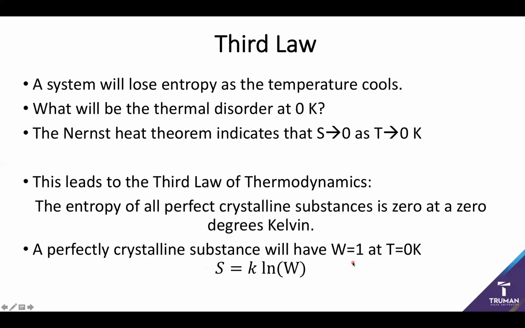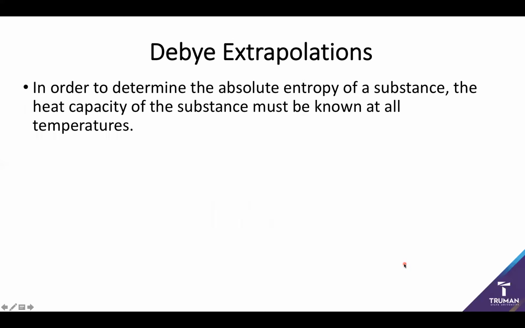But one of the other important things to make note of is the fact that it's kind of hard to remove all kinetic energy from a system. So we're going to see some kind of odd behavior of our system as we start approaching this 0 Kelvin point.